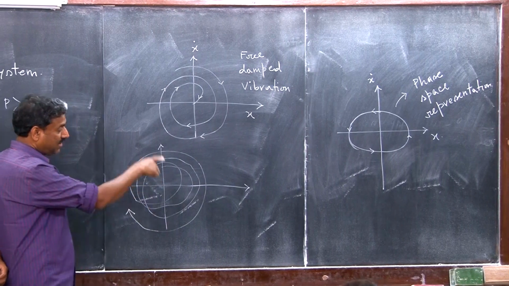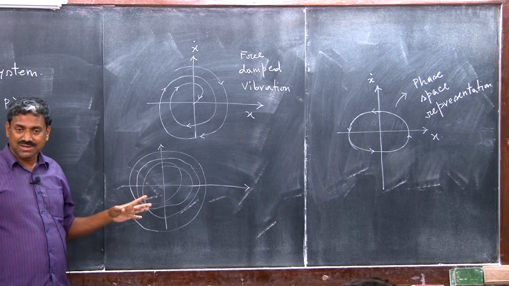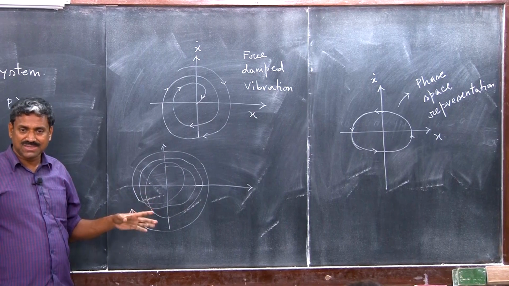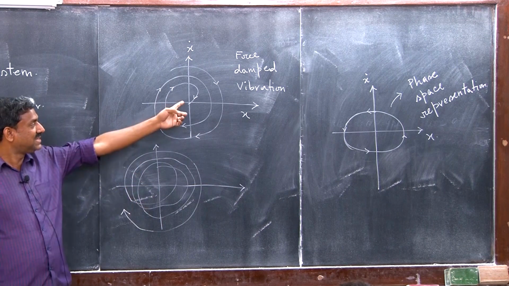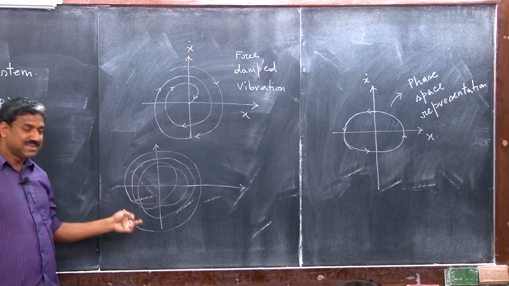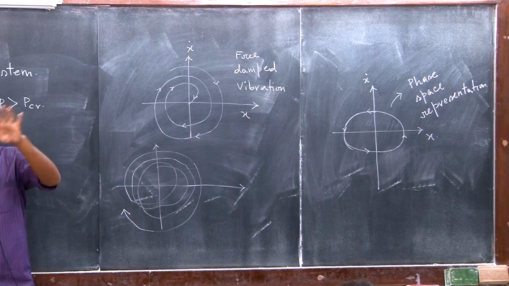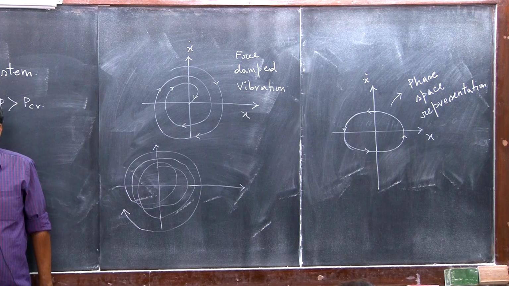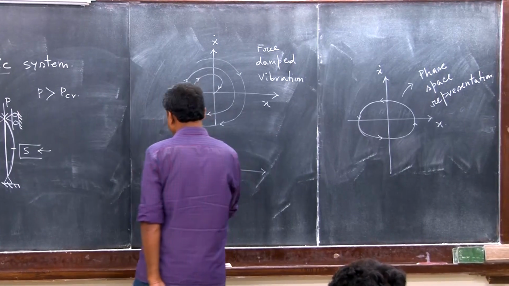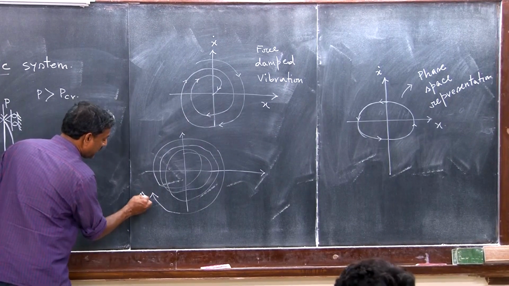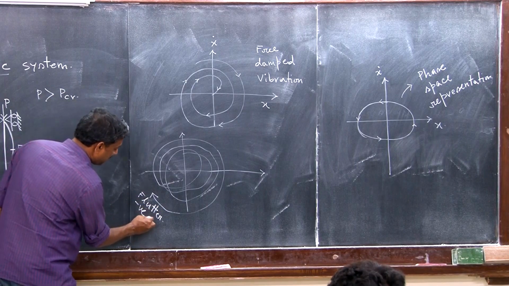Here it is positive damping, right, here it is negative damping. So the phase space is expanding, it is an ever expanding phase space, understand that. Of course, this indicates flutter, because it is through negative damping.